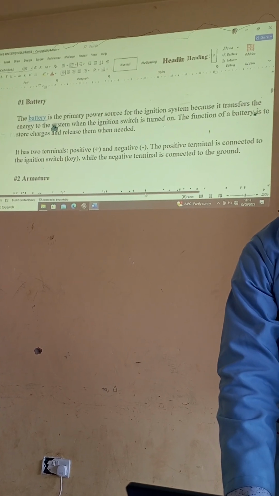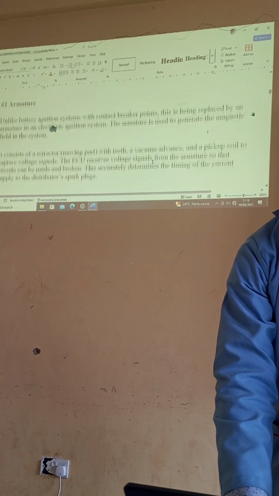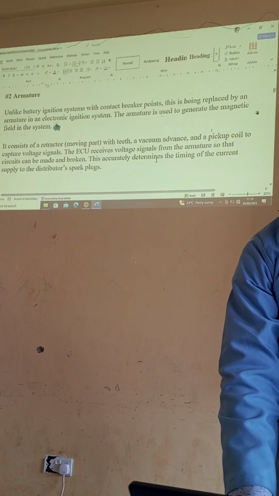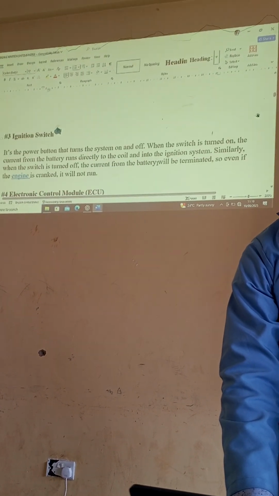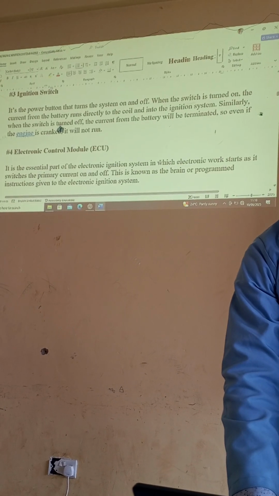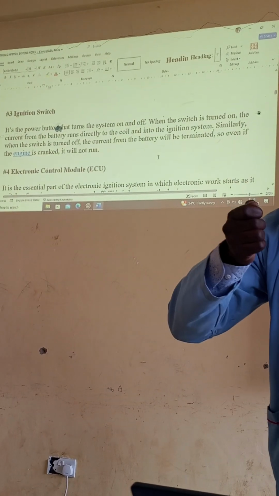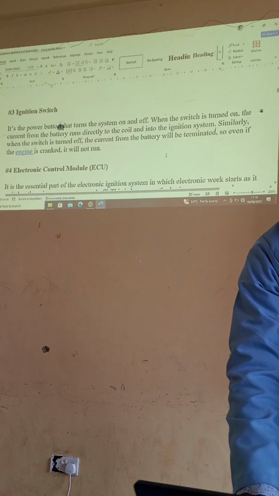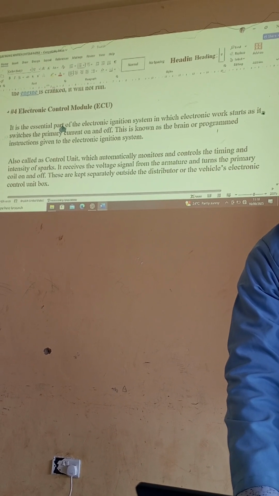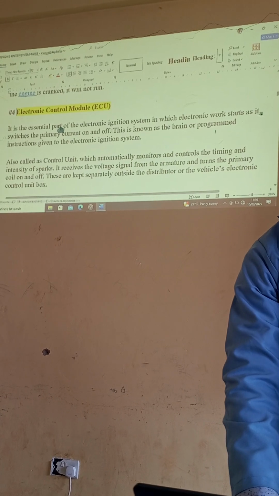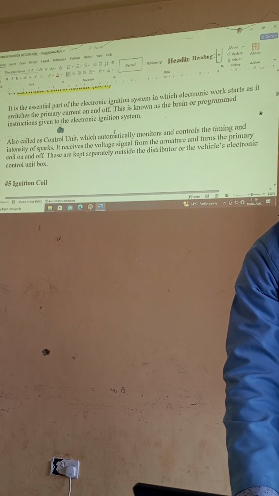The work of the battery is to produce power. The armature is usually used to generate the magnetic field in the system. And then we have the ignition switch, which is used to produce a point of contact. The electronic control module is just there to communicate for you and do everything for you electronically.